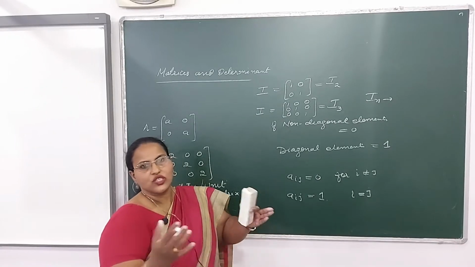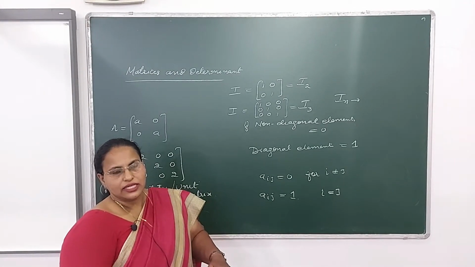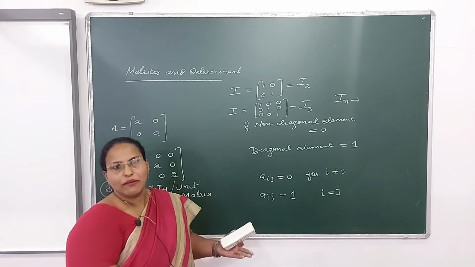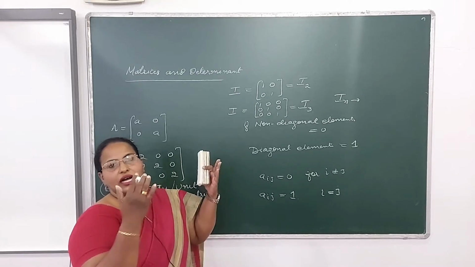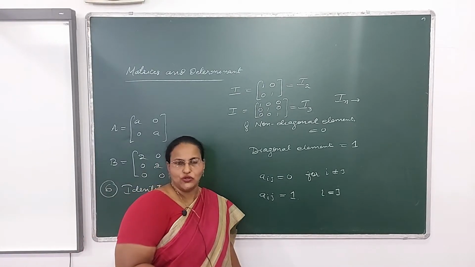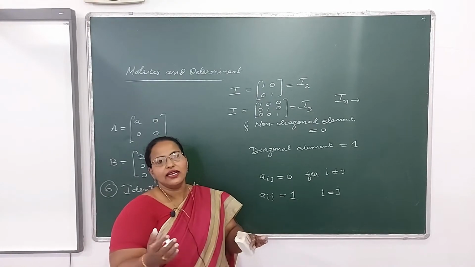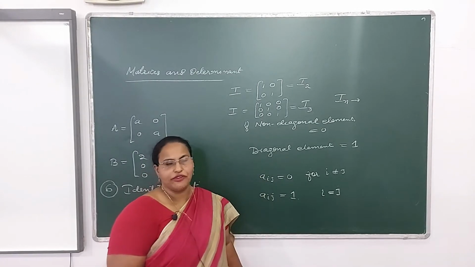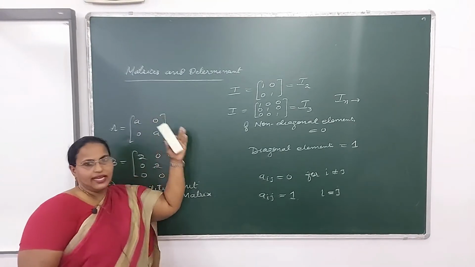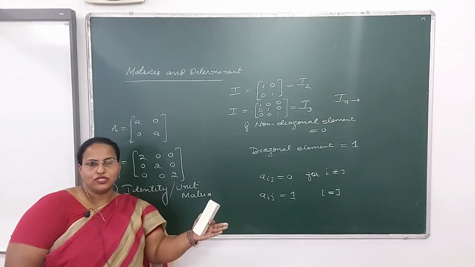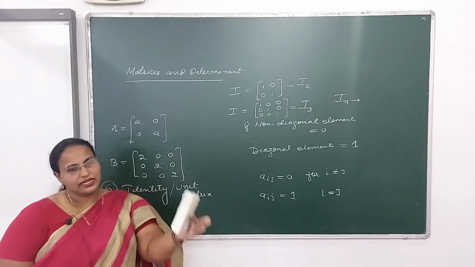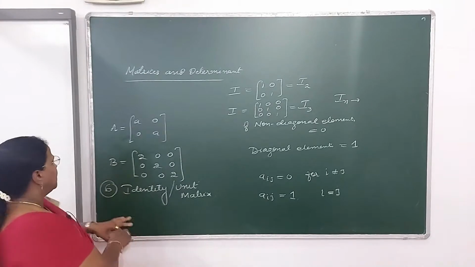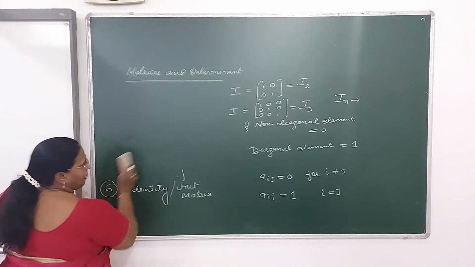Identity means a square matrix. Is that clear? So identity of order n means it is a square matrix where the non-diagonal elements are 0 and the diagonal elements are equal to 1. I hope all these are clear to everyone. So we came to the term diagonal matrix, then scalar matrix, and then finally identity matrix. Okay, now the next type.